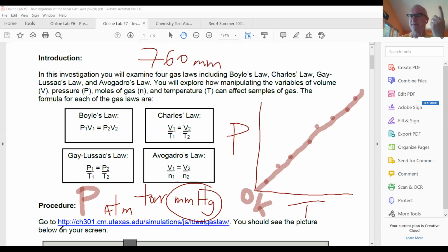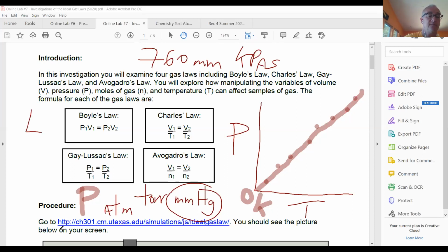And so you may sometimes hear on a weather forecast that the atmospheric pressure is like 754 millimeters or 768 millimeters. They also use a measurement called kilopascals. We're not going to talk too much about that, but there are lots of different measurements for pressure.